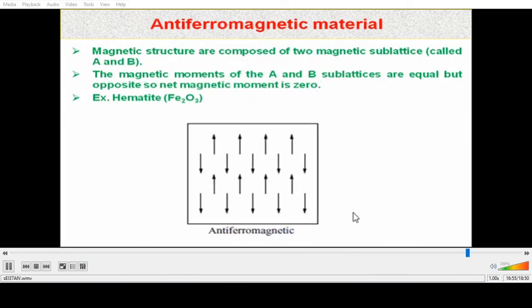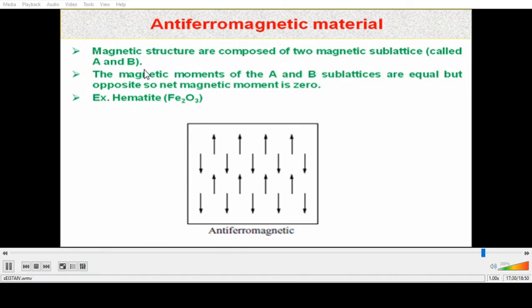The fifth type is antiferromagnetic material. In this material also, the magnetic structure is composed of two magnetic sublattices, called A and B, similar to ferrimagnetic material. The magnetic moments of the two sublattices are also opposite in direction like a ferrimagnetic material, only the difference is in its magnitude.